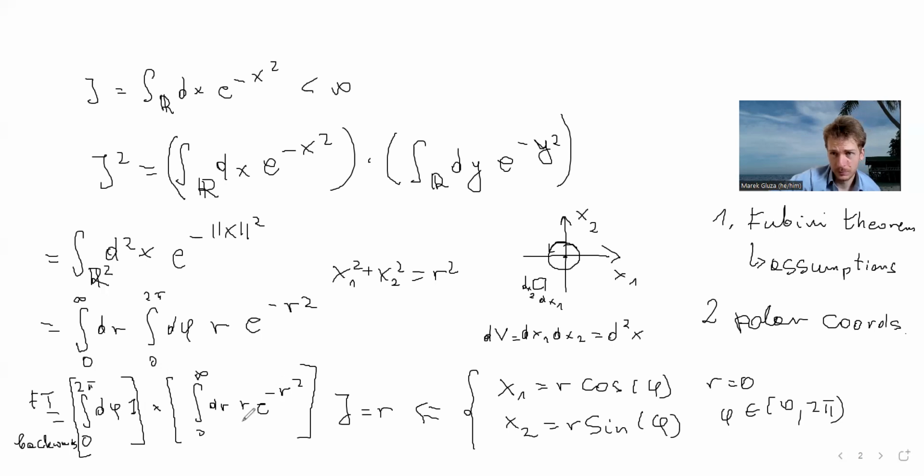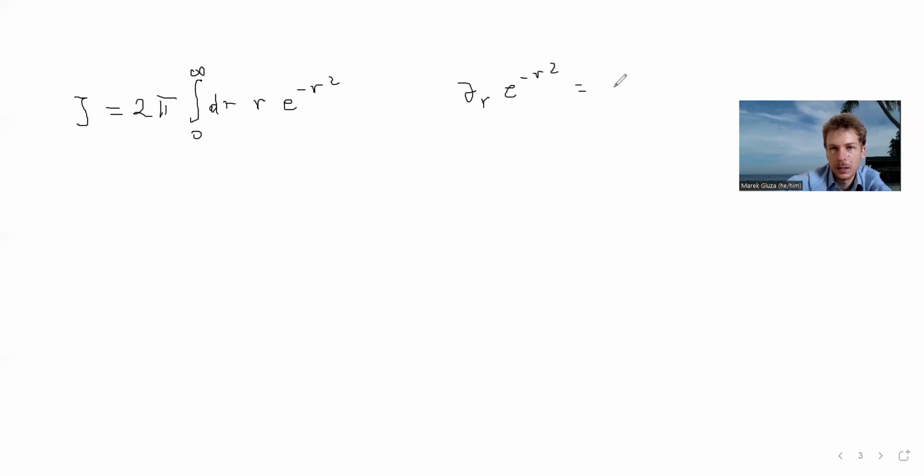So I'm missing a minus and 1/2. Here I get 2 pi. So what we get is I equals 2 pi from the first integral. And then let's write it again: dr r e to minus r squared, and the derivative dr e to minus r squared is again the exponential times minus 2 times r.